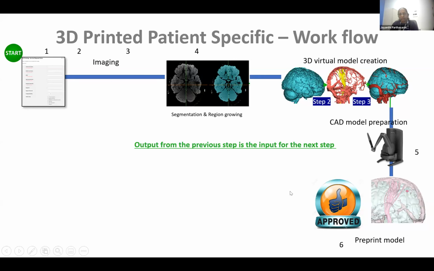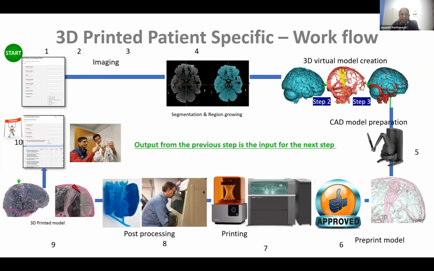Then it's sent back to the surgeon either in the form of a 3D PDF, or they come down to the lab to work with us, or we send a Mimics link where they're able to see. We get the approval eventually, and then it goes for printing, and then the post-processing.